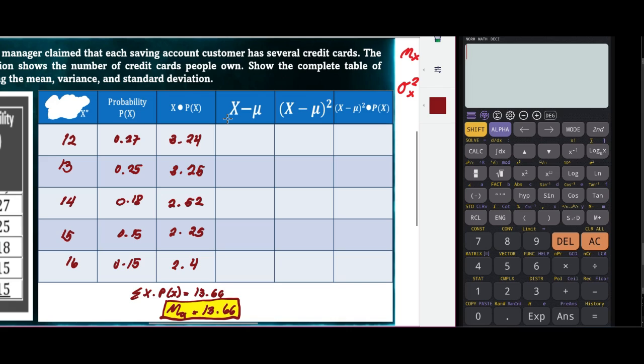We have 12 minus 13.66. That will be negative 1.66. Next, we have 13 minus 13.66 ulit. Tama ba?